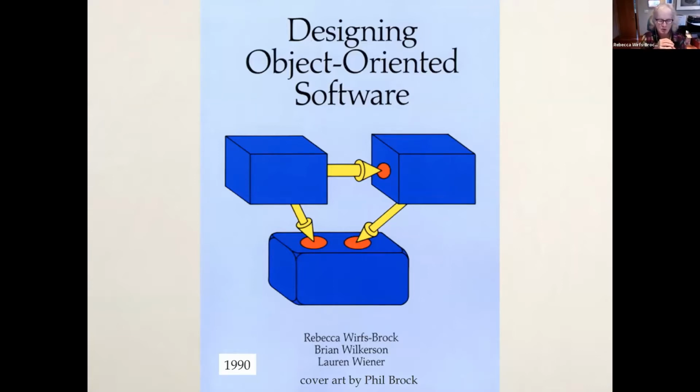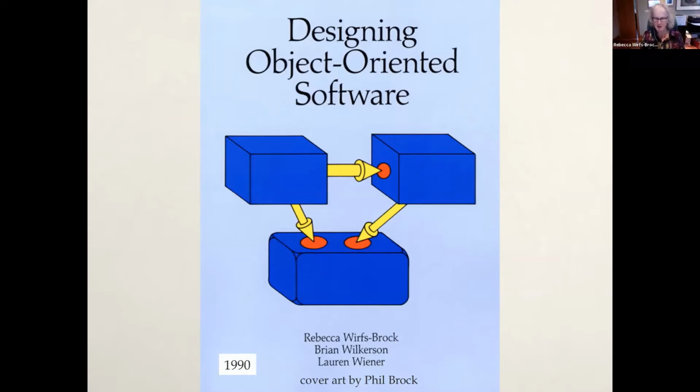Long ago, 1990, 30 years ago, I wrote a book on object design when object design was new. And in it, we presented a very simplified design for an automated teller machine, just to illustrate how you would think about dividing responsibilities amongst objects.